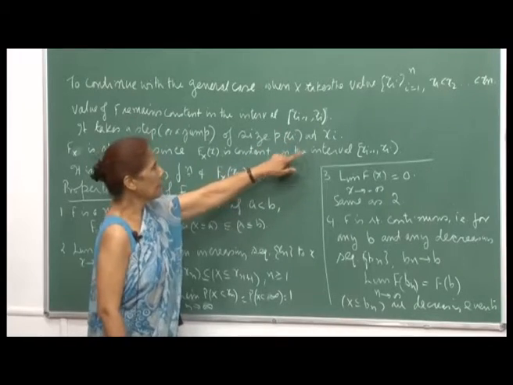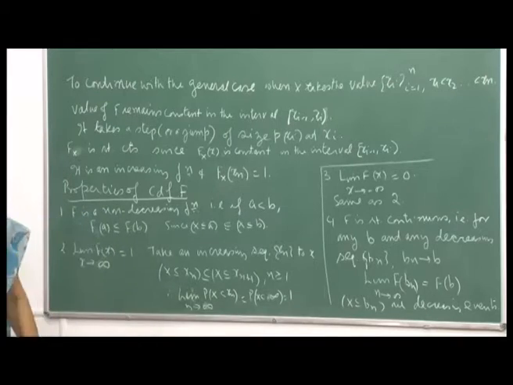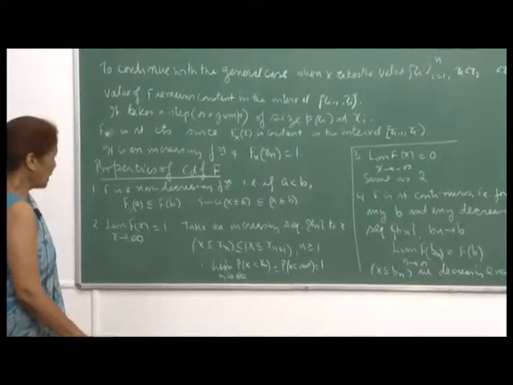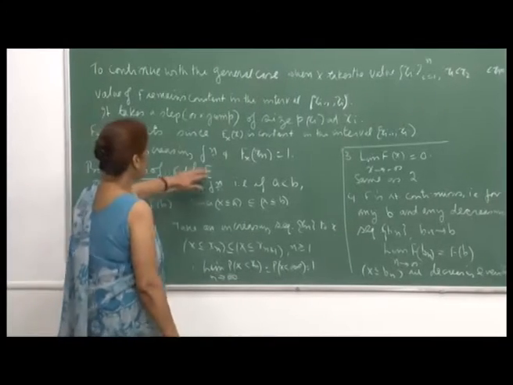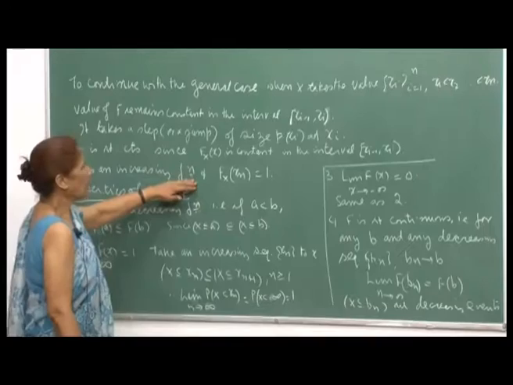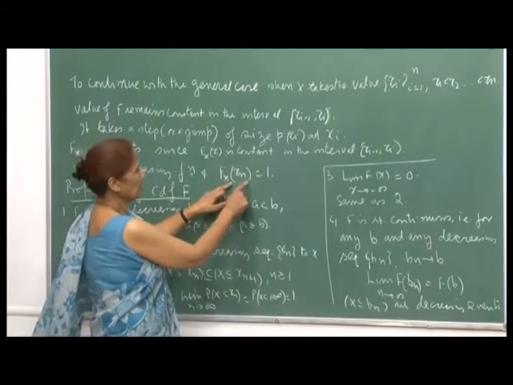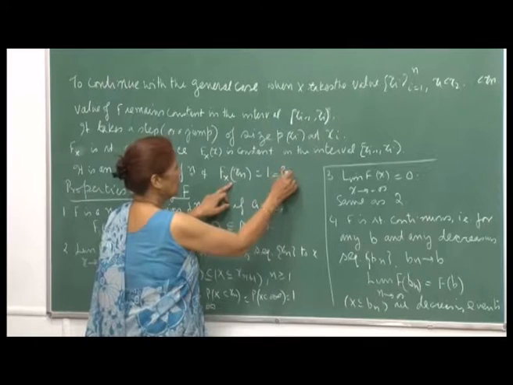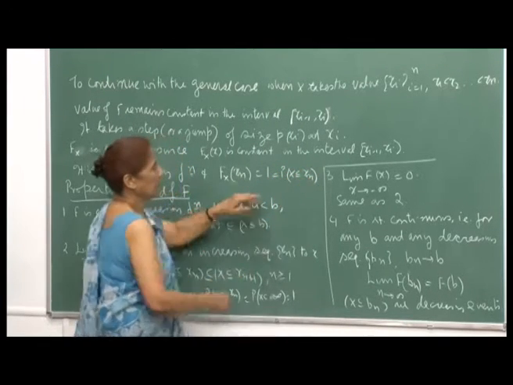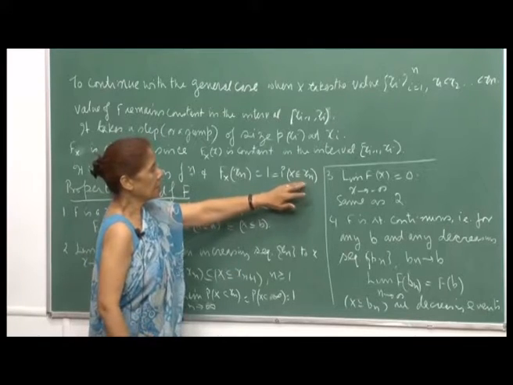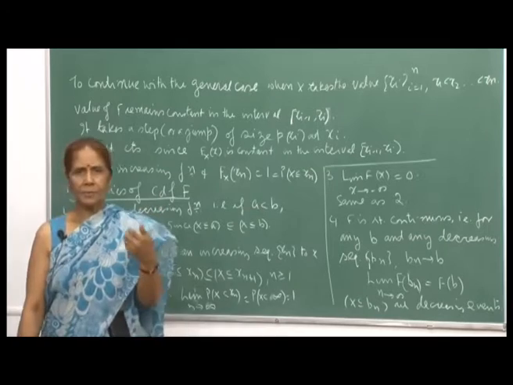So, that means at x_i it takes a jump equal to the probability of the random variable at that point x_i. And we have also seen that it is an increasing function. When you want to compute this, it is equal to the probability that X is less than or equal to x_n, which means it has taken all the values x_1, x_2, ..., x_n.